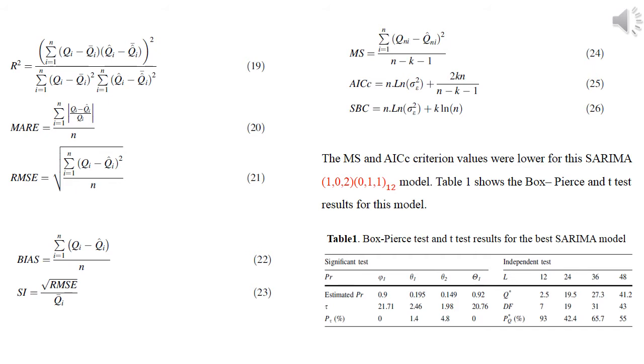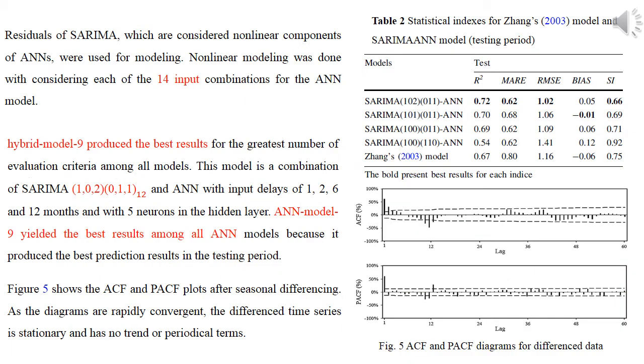The MSE and AIC criteria for the SARIMA (1,0,2)(0,1,1) model are lower, and the value of the Box-Pierce test for this model is shown in table 1. Fourteen inputs were considered as the input of the ANN model.